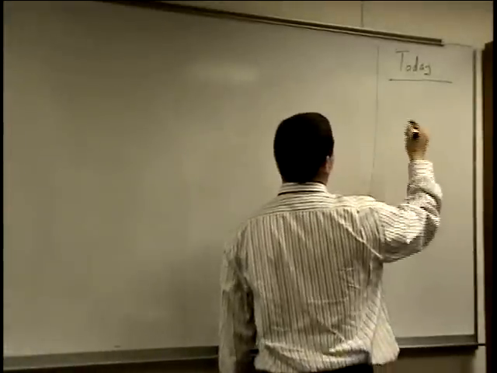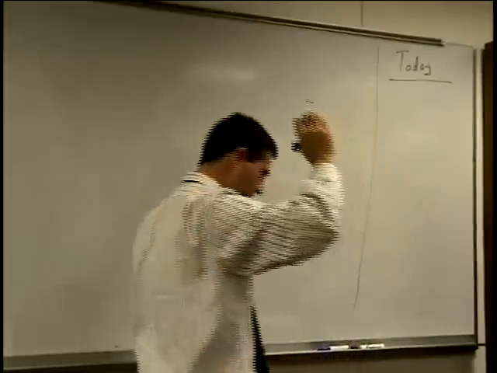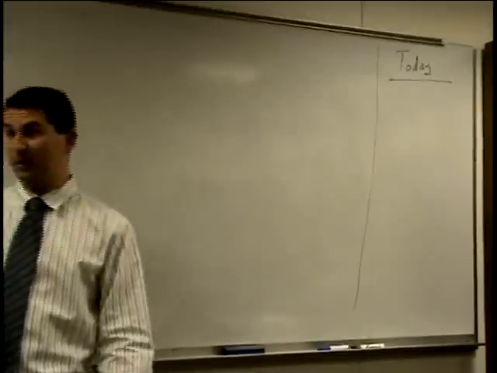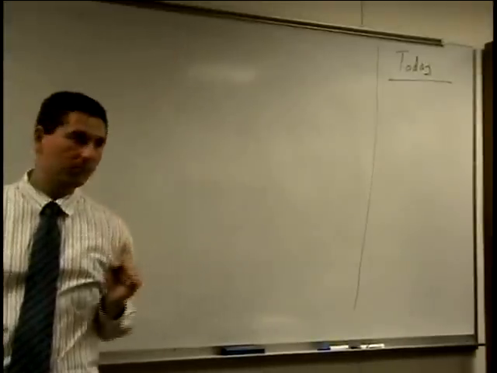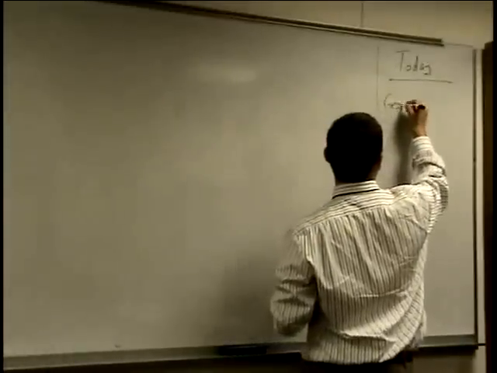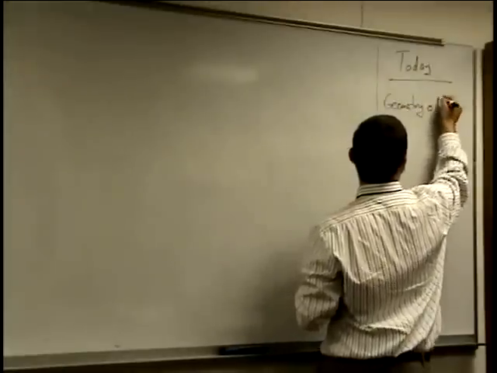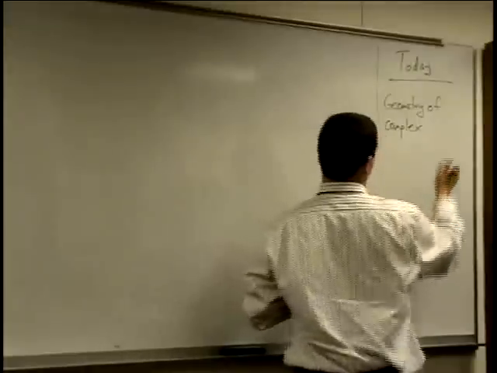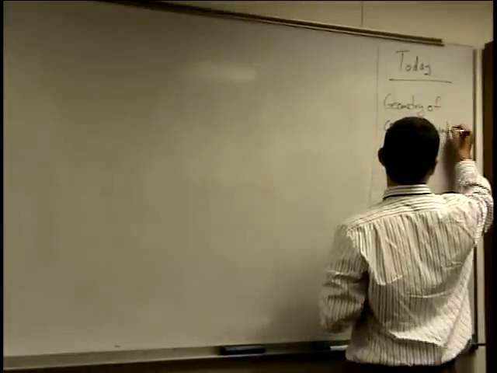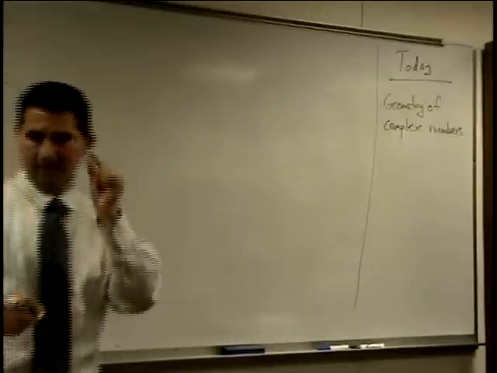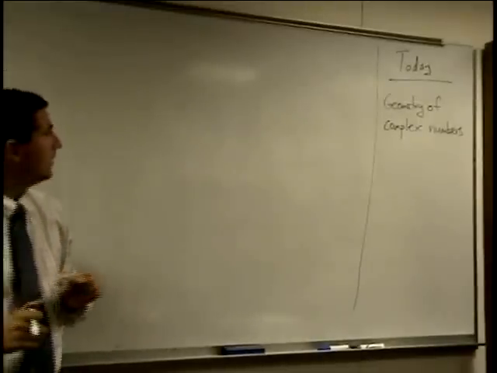All right. So, yesterday we wrote down the polar form of a complex number. That was this thing that looked like z equals r e to the i theta. And I want to talk a little bit today about the geometry of complex numbers, which this polar form is going to make much easier. There's a lot to say about the geometry of complex numbers, and I'm only going to say a very, very tiny part of it.